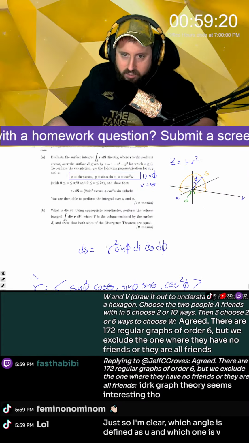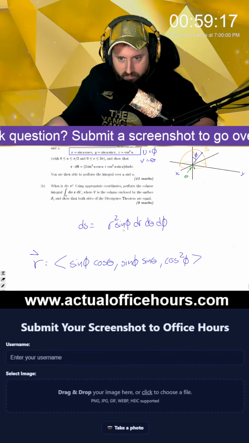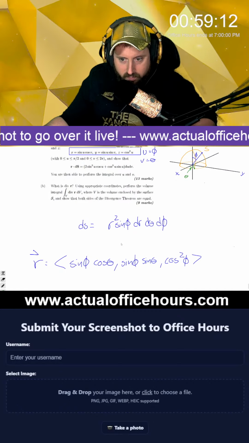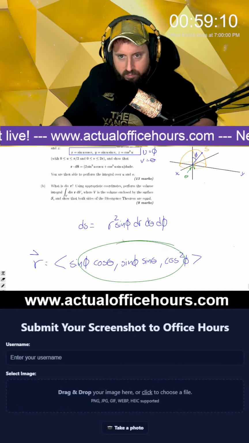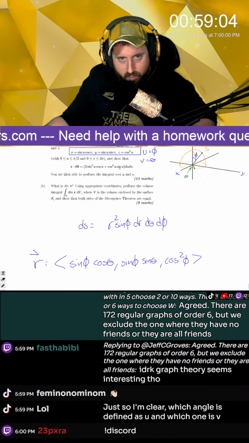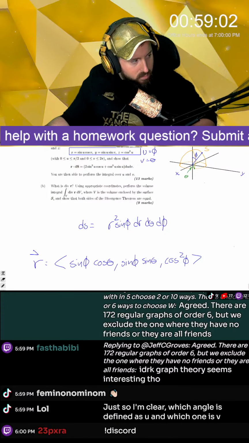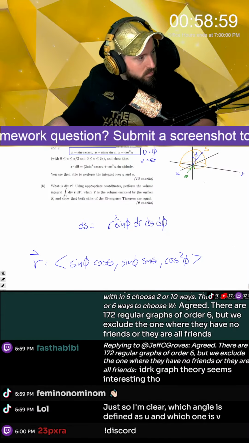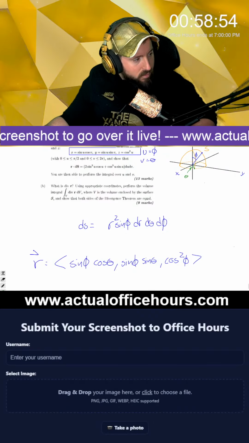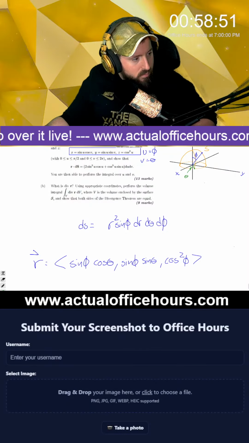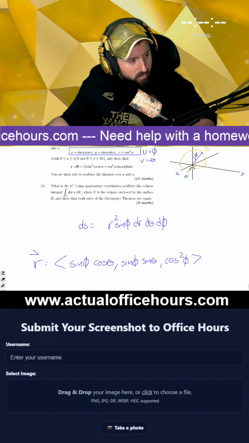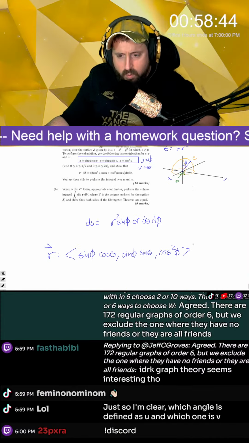But I need to do it in terms of just sine theta, d theta, d phi. Wait, isn't r just equal to this? But this only has two components to it. Oh.